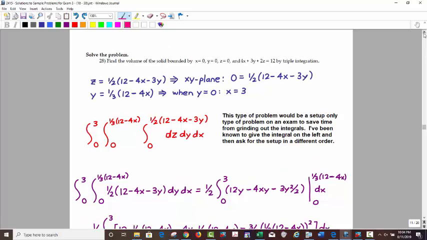It's called a tetrahedron. I believe the formula is something like 1/3 times the area of the base times the height, or something like that. But anyway, let's just look at the setup for it mainly.